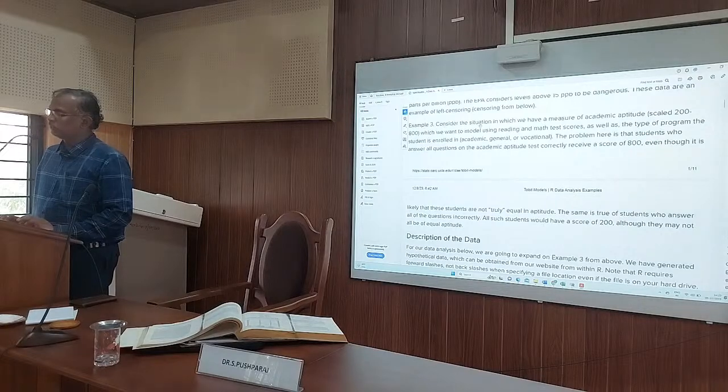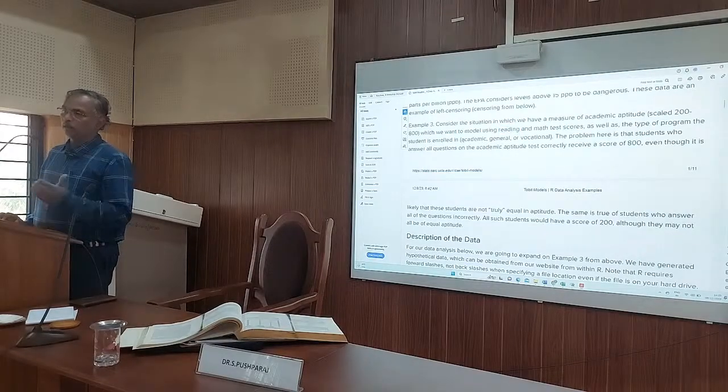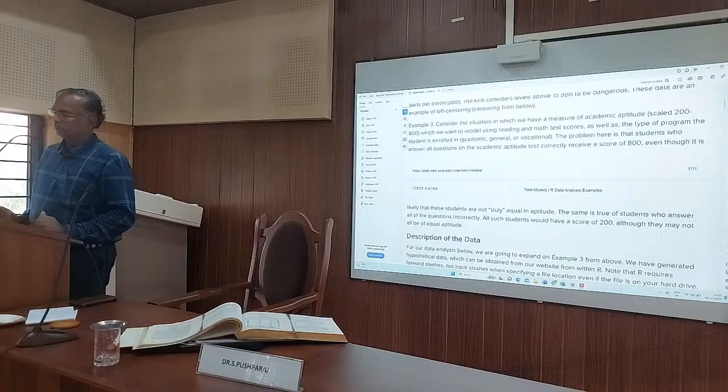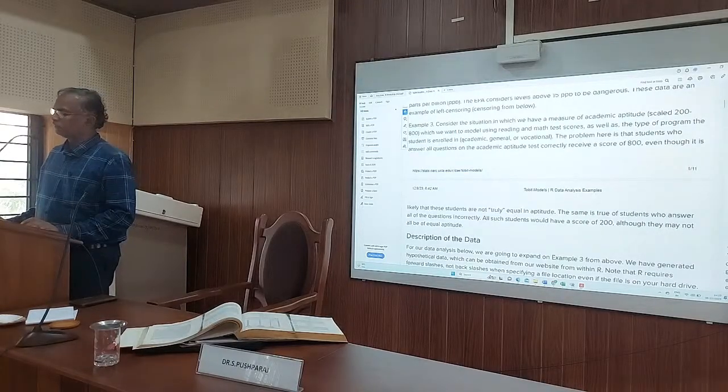So consider the situation in which we have a measure of academic aptitude scaled 200 to 800, using the reading and maths scores. Again, here we have one factor variable also: the academic, general, and vocational program. People are coming from different streams.